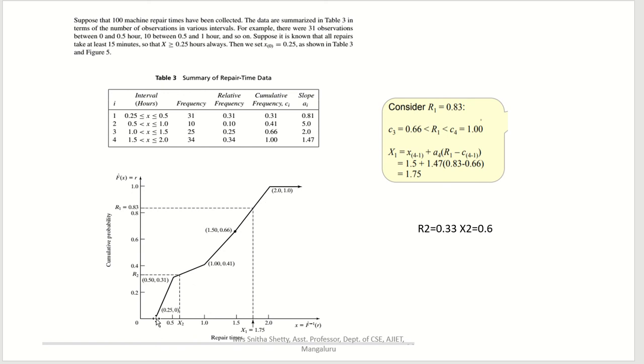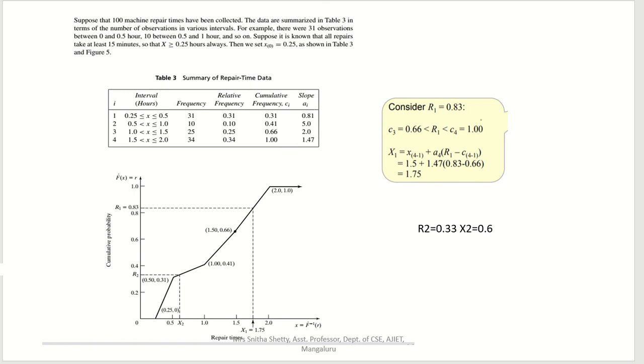Now just join these dots. This is slope 1, slope 2, slope 3, and this is slope 4. So you have got the slopes. Now generate the value for the slope ai.